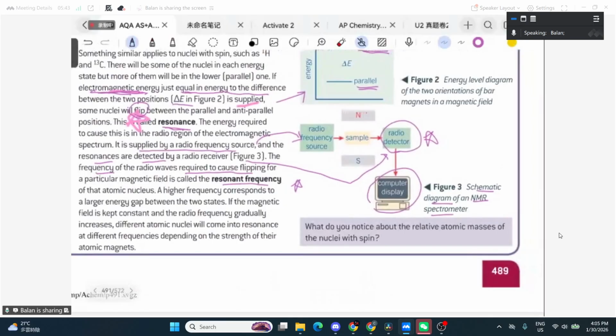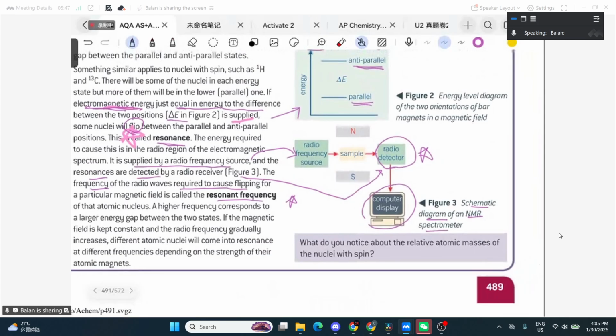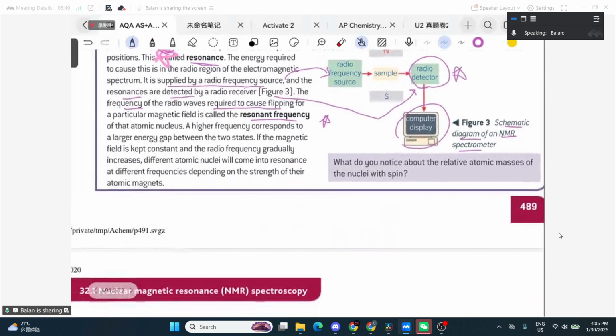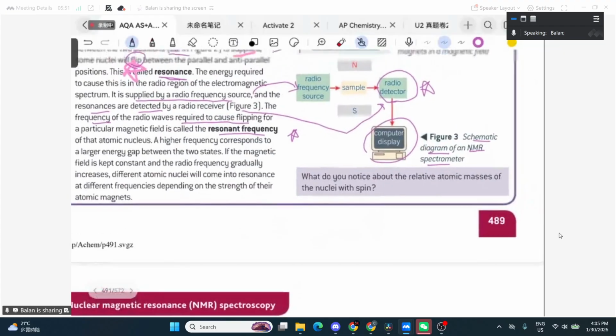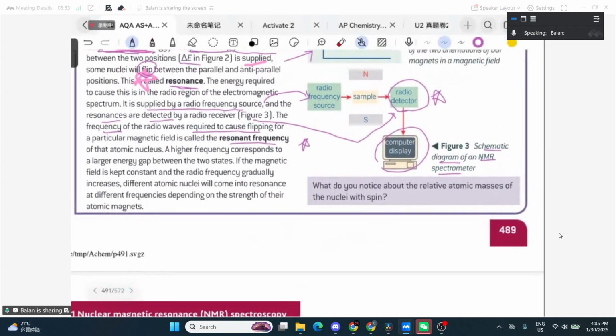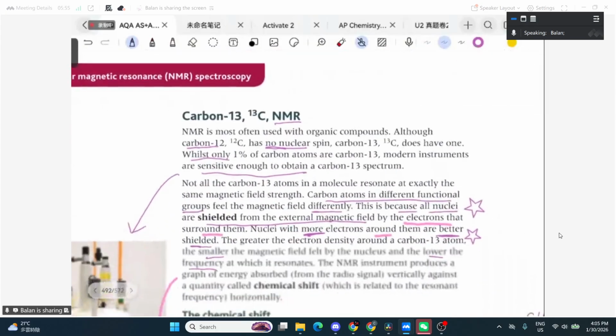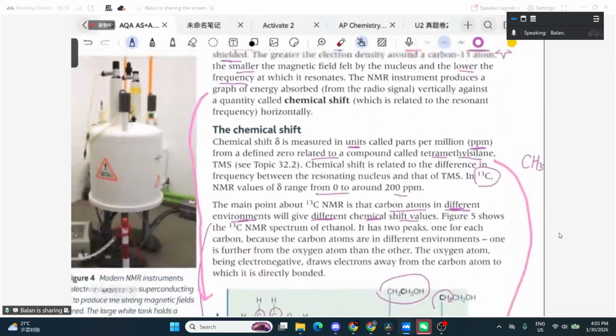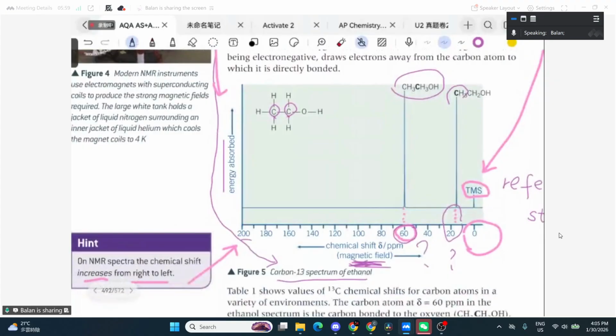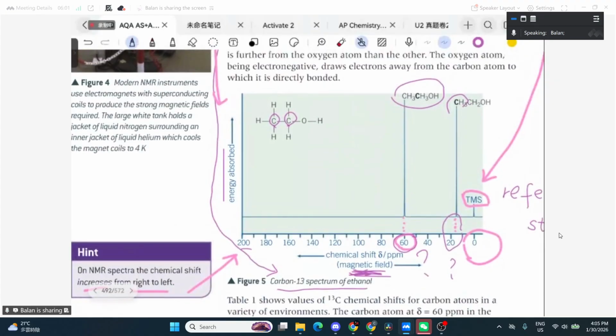This is the basic theory behind NMR, and it will not be tested in your exam. You just learn the basic theory. The most important thing is to learn how to interpret the spectrum.